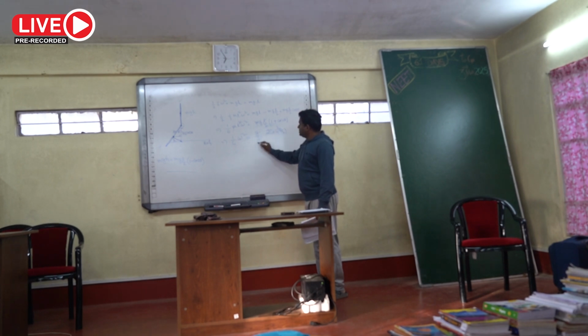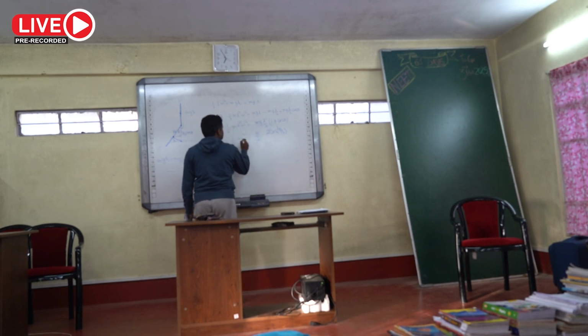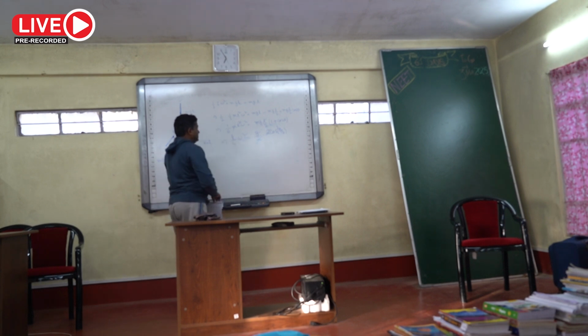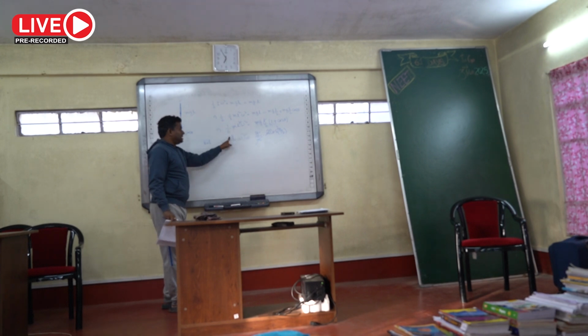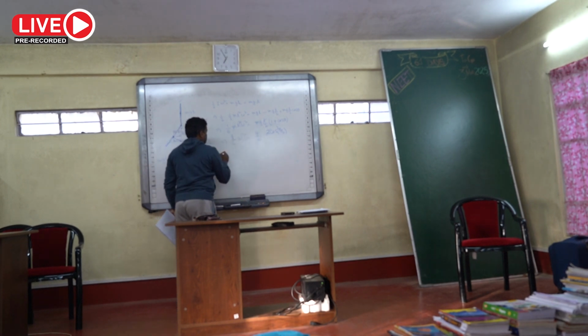So this two cancels. 1 L is there. This one, L omega square by 6, because 1 L is cancelled from both sides.